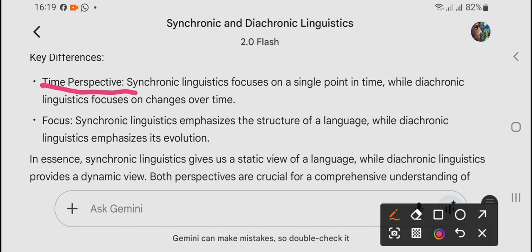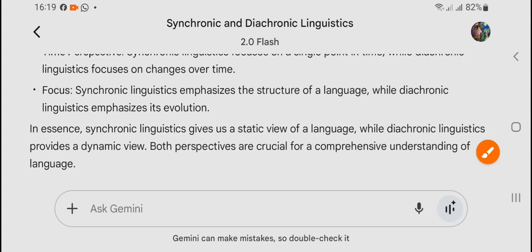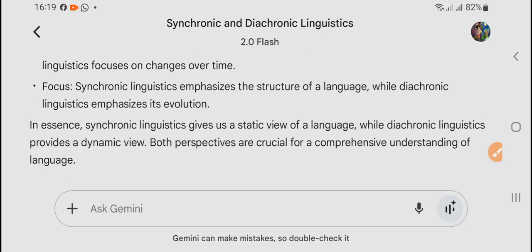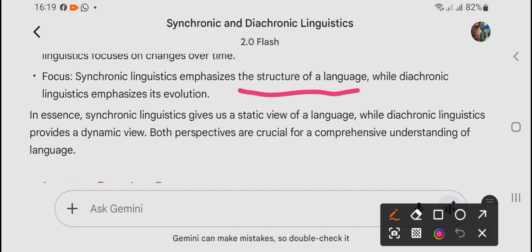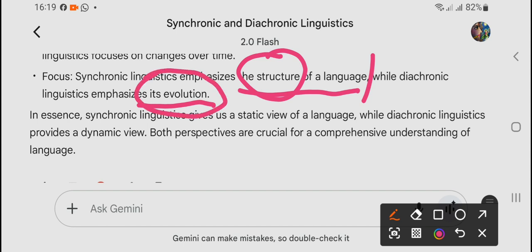The main difference is time perspective. Number two, you should write this in the exam also: focus. Synchronic linguistics emphasizes the structure of language, while diachronic linguistics emphasizes its evolution.